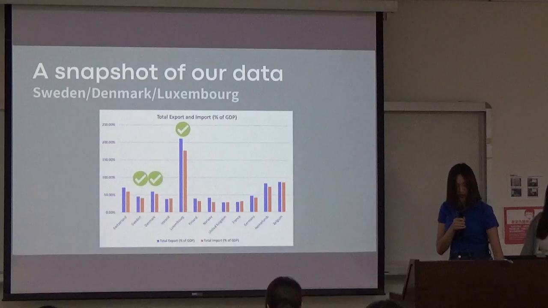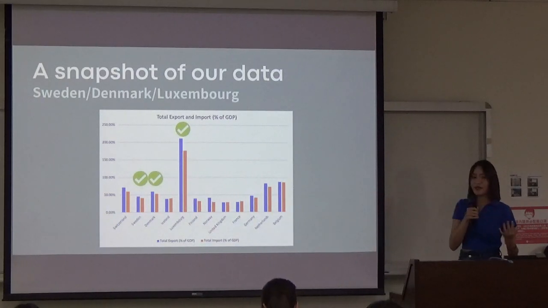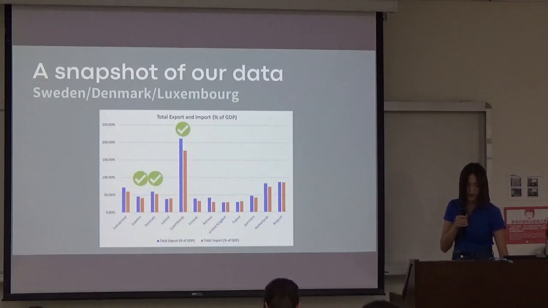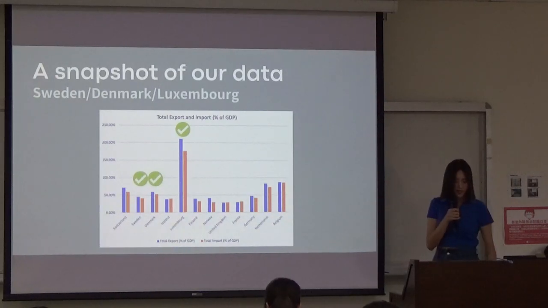The next figure we look at is total exports and imports relative to GDP. This chart shows the total export and import rates relative to GDP for all 10 countries.